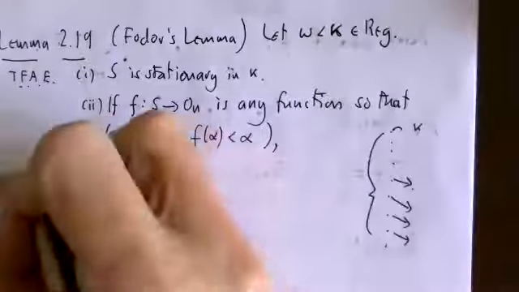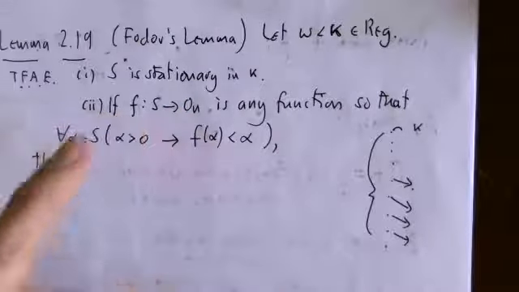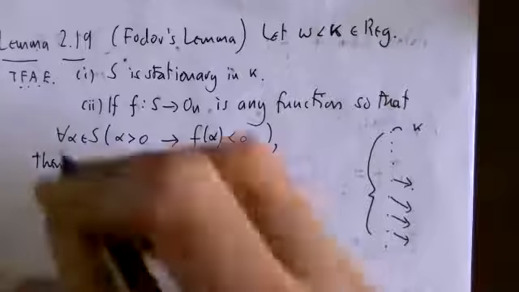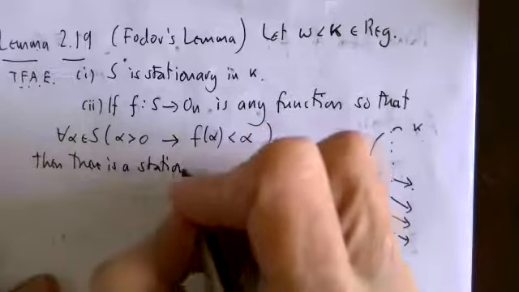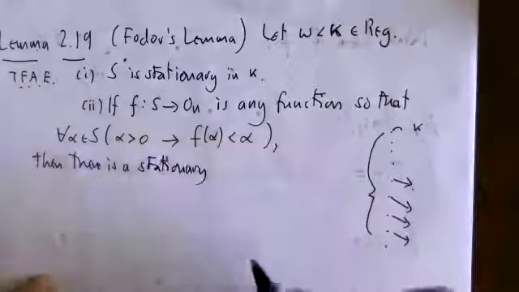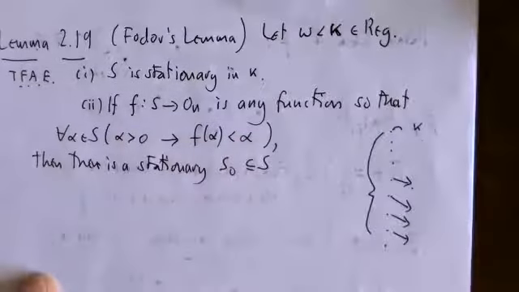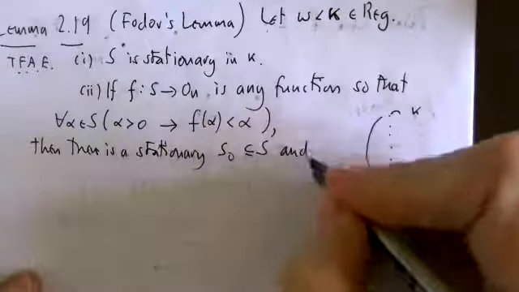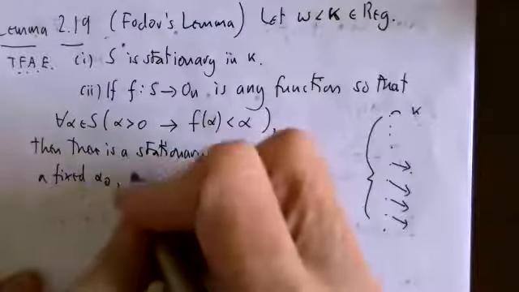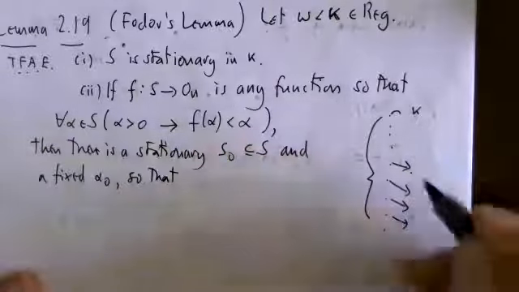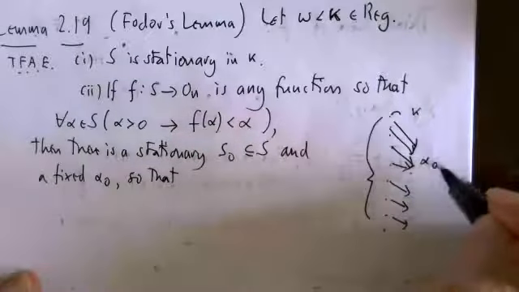And the equivalence is fulfilled if whenever you've got a regressive function like this, then there's a stationary subset S0 of S and a fixed alpha 0, so that all of the points in S0 are going down to this one point, alpha 0.